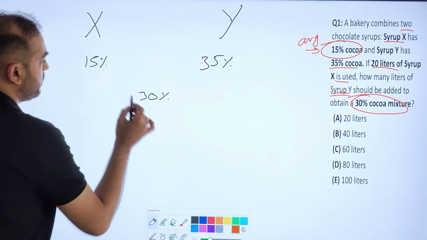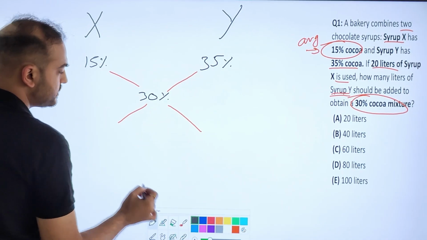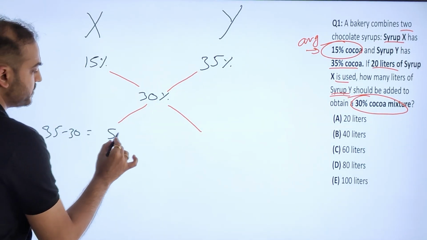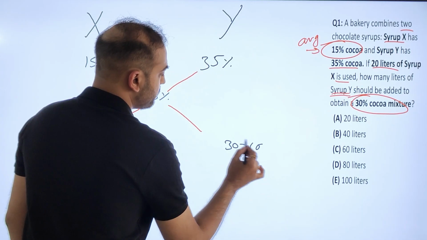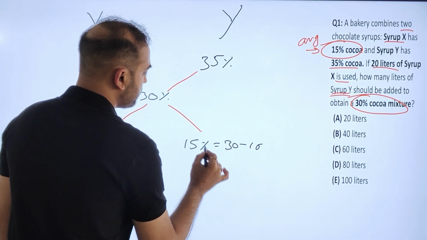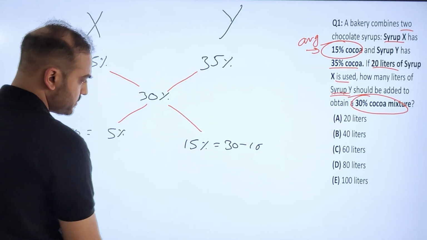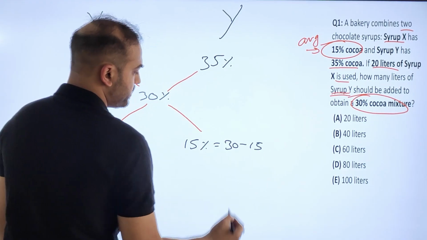Now if you draw your crosses, this is 35 minus 30, which is 5%. This is 30 minus 15, which is 15%.